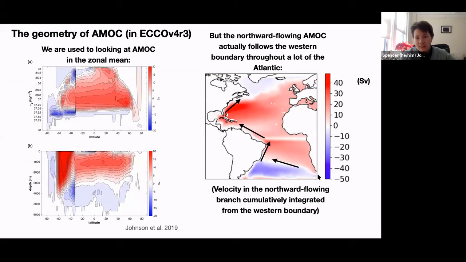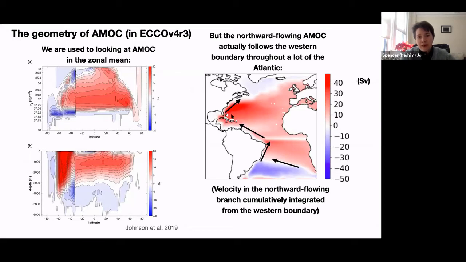And so you can see a pseudo stream function, which shows that the water that feeds the AMOC comes into the Atlantic, goes westward across the basin, and then flows mostly up the western boundary of the Atlantic, with perhaps some excursions in the tropical gyres or maybe in the equatorial current system. But generally the AMOC is flowing up the western boundary of the Atlantic, at least until it gets up here to the subpolar gyre.